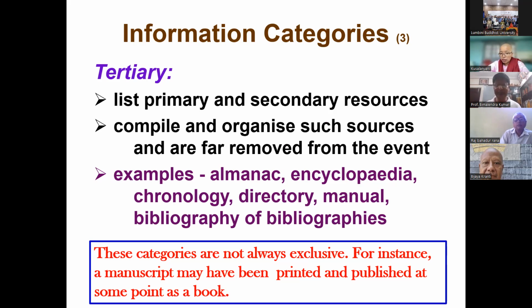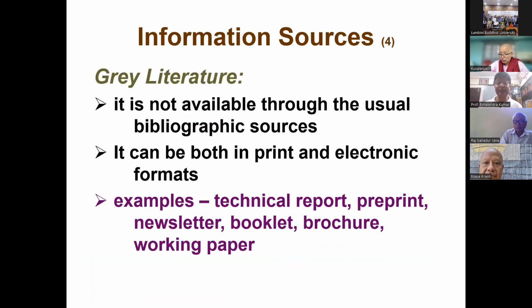We have to arrange it and give the list of all the books which are published. Some information is published by the government of a country. The documents published by any government are called gray literature.